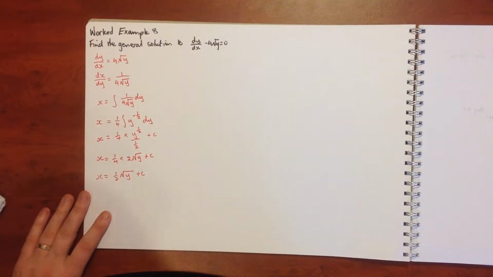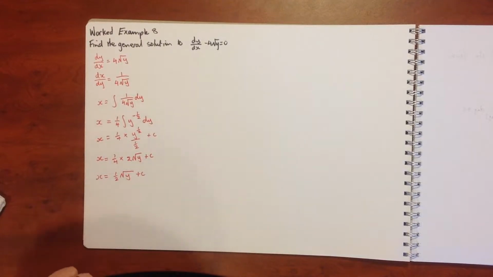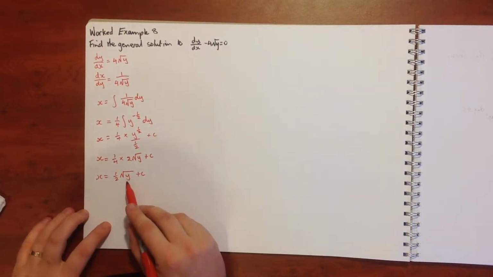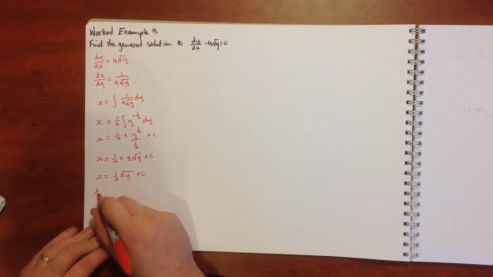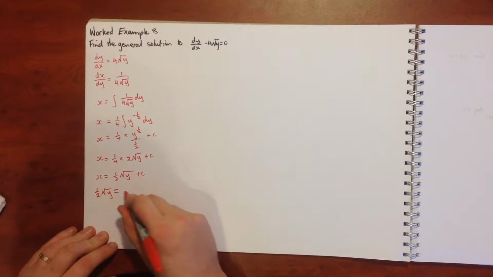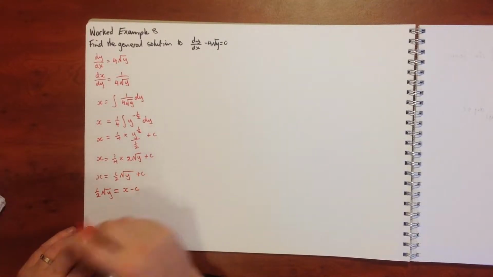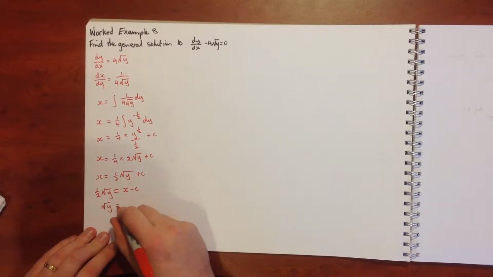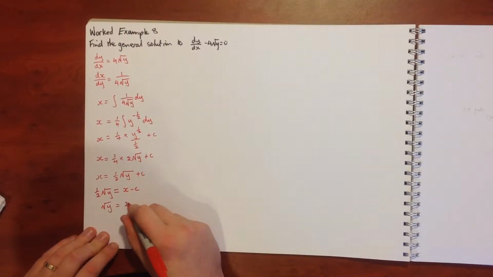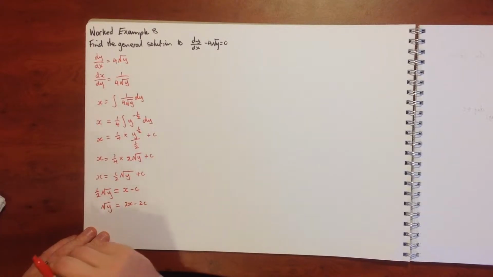What we want to do is rearrange to make y the subject. So we can say a half root y equals x minus c, which means we can times by 2 and say root y equals 2x take 2c.